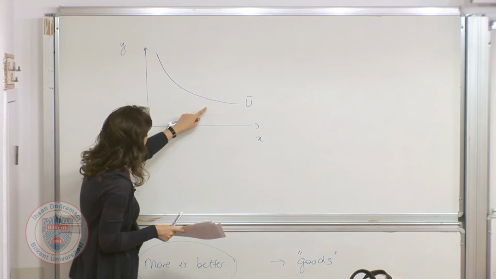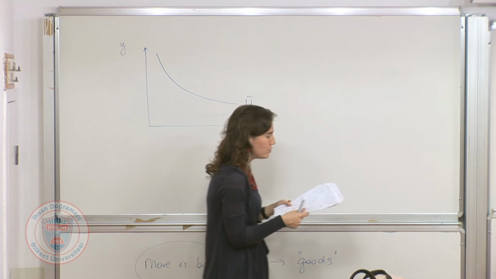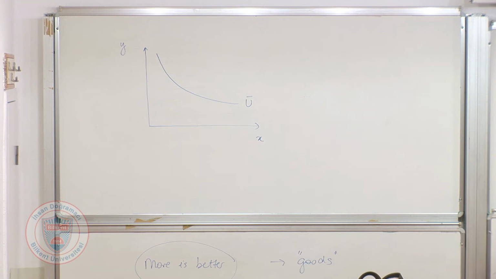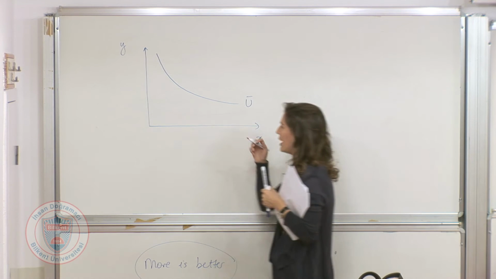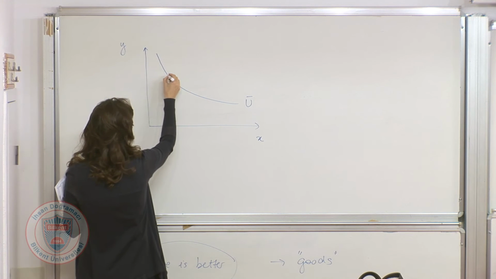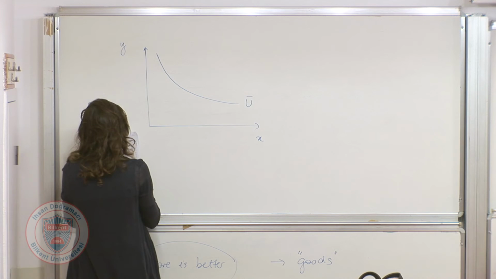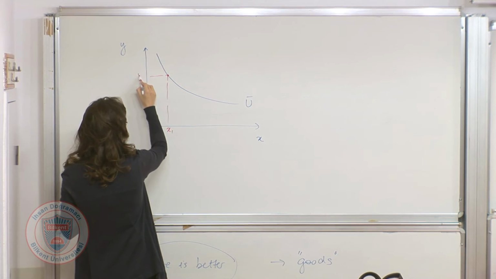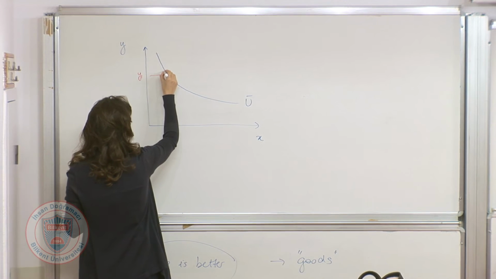Fine, but if I draw the indifference curve like this, what do you observe here? There are two things that we could observe. What would you say about, for instance, the slope? Let's consider this point. Let's say this has x1 and y1, so there's a bundle here.